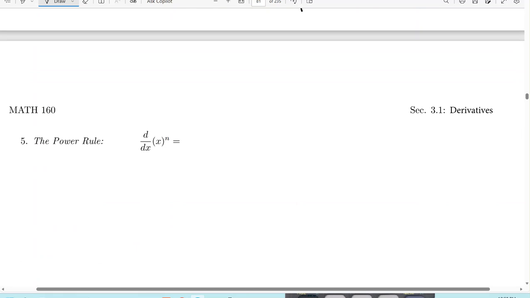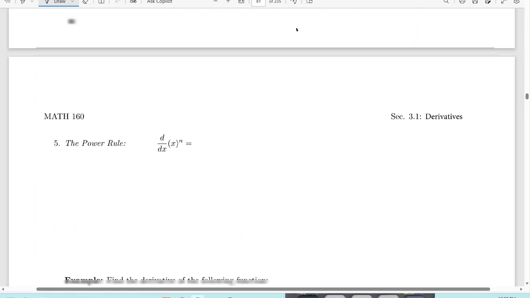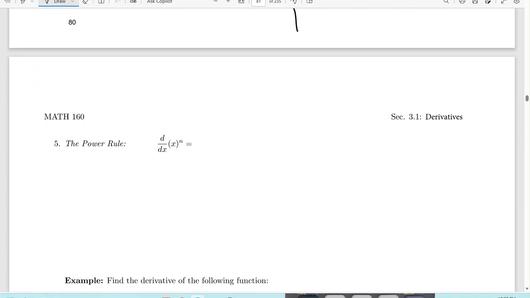All right. On the next page, we've got something called the power rule. And the power rule allows me to take the derivative of this, and we're not going to go through exactly the proof of this, but the power rule states that I can pull the power down in front and decrease it by 1.